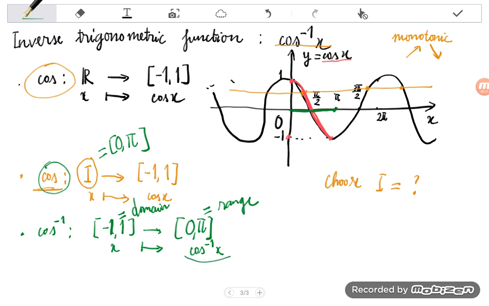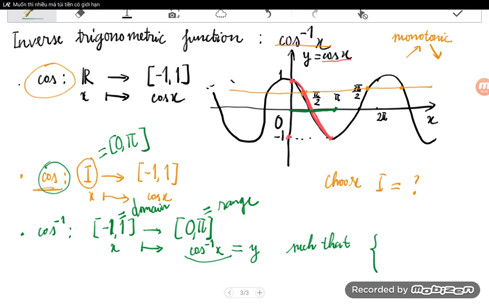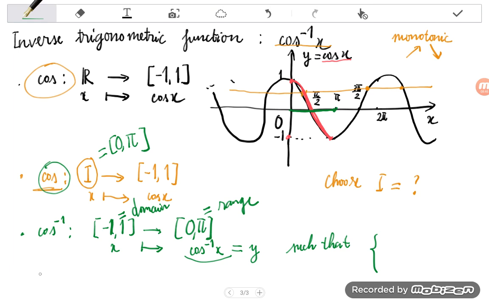But we should give a formula for cos to the power -1 x. So we let this value be y, and y must satisfy some conditions so that we can find it. Which conditions will y satisfy? You know that f of f -1 of x equals x.